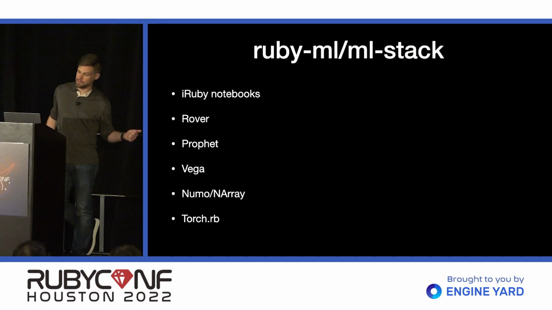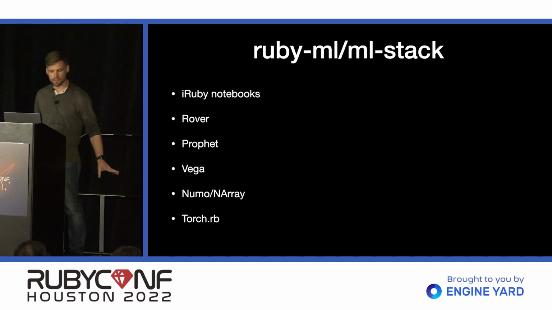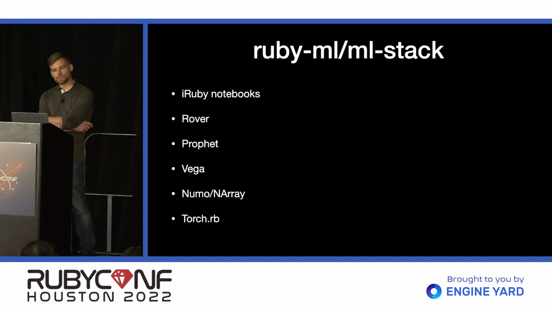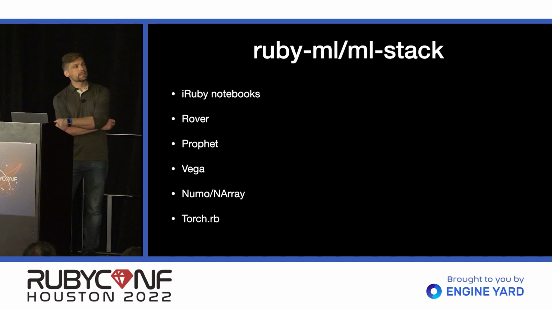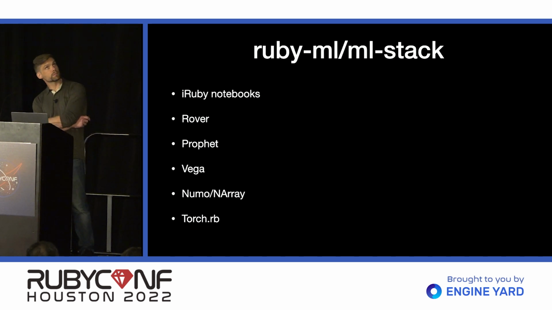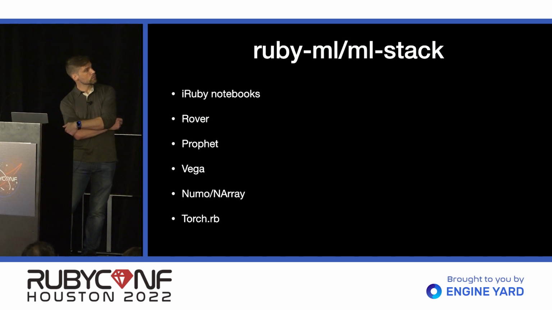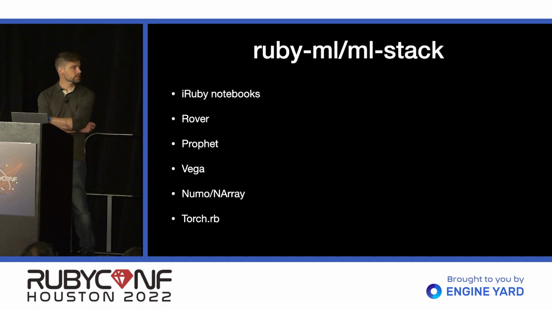Vega is a visualization tool, similar to Chartkick, but a lot more powerful. Rover and Prophet we'll talk about a little bit. Rover is a data frames gem similar to pandas in Python. Prophet is for forecasting and prediction modeling.